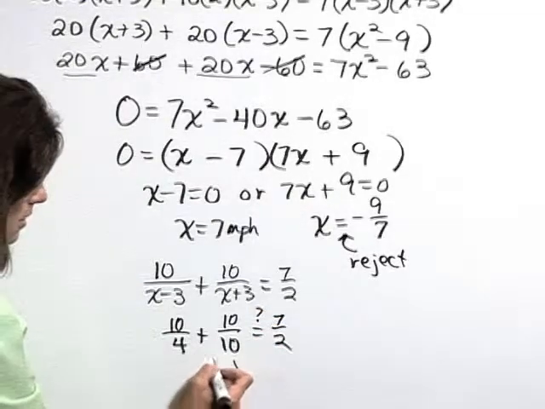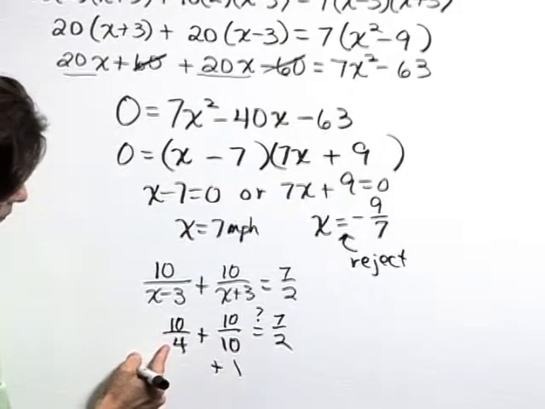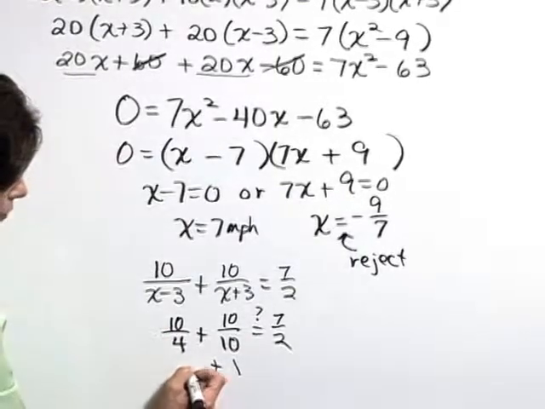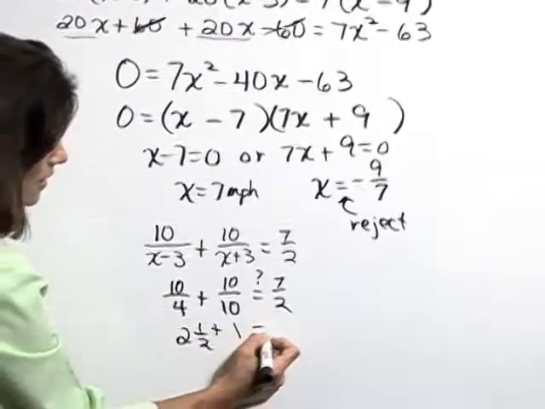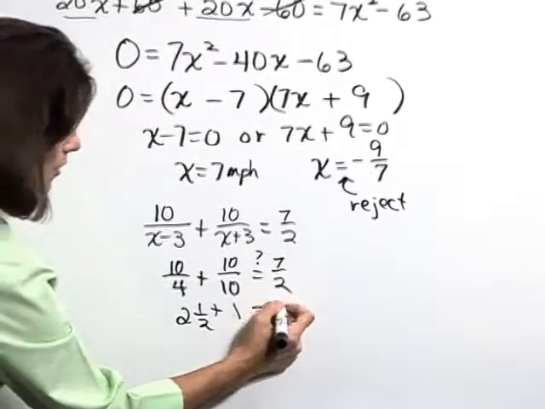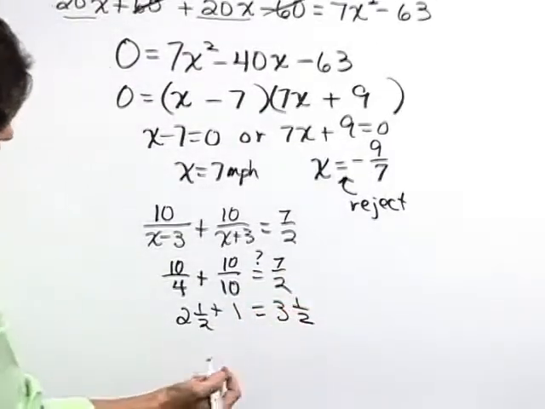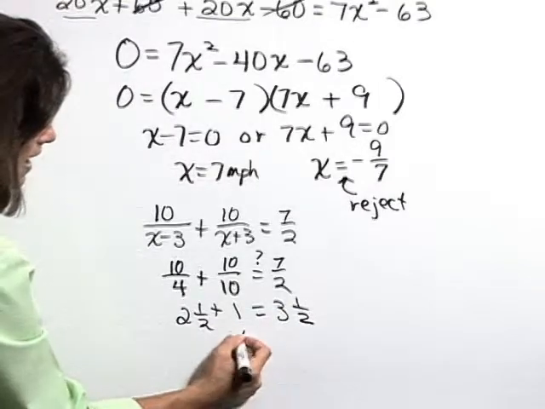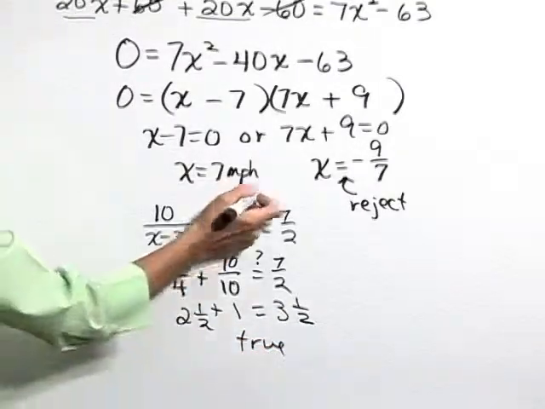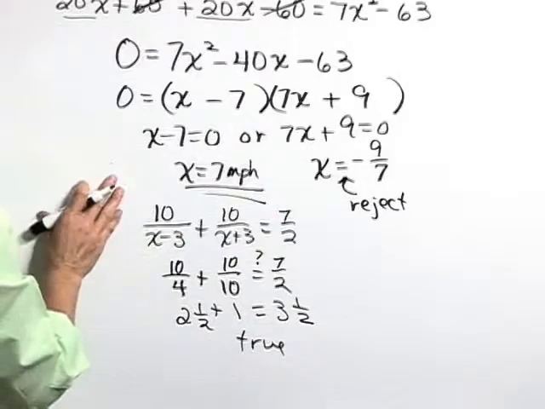Well, 10 over 10 is 1. 10 fourths, that's 5 halves or 2 1/2. Is that equal to 3 1/2? Sure is. 2 1/2 plus 1 is 3 1/2. That is true. Our correct answer then is 7 miles per hour.